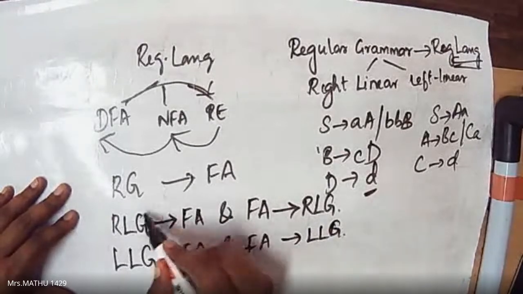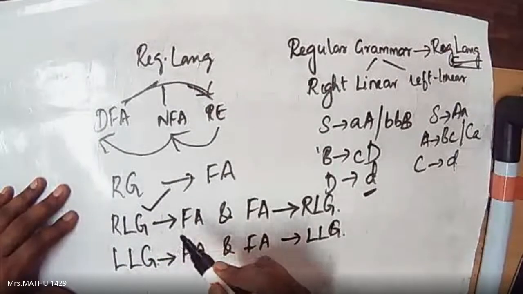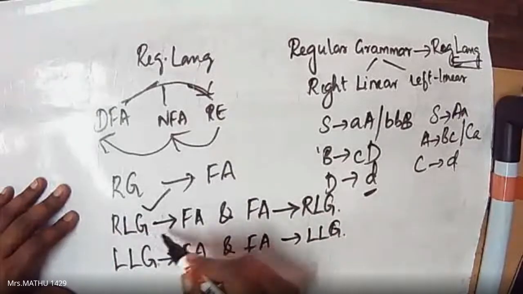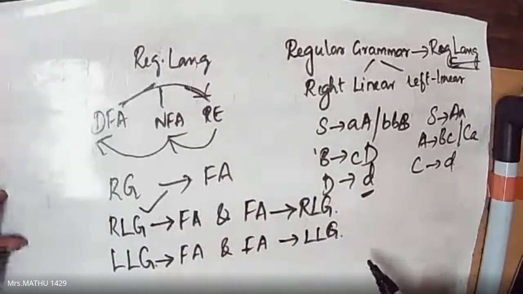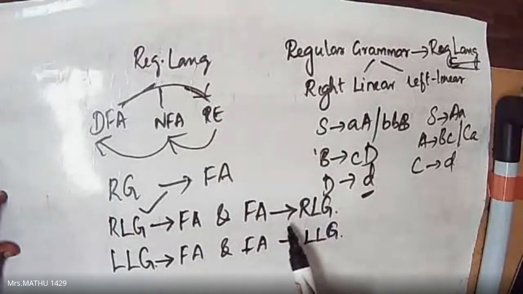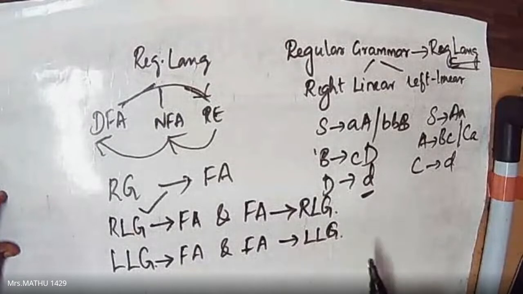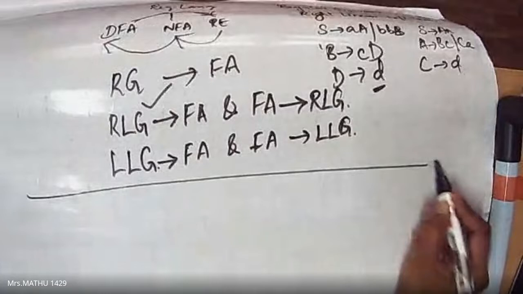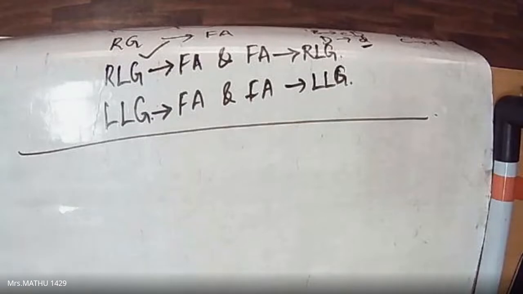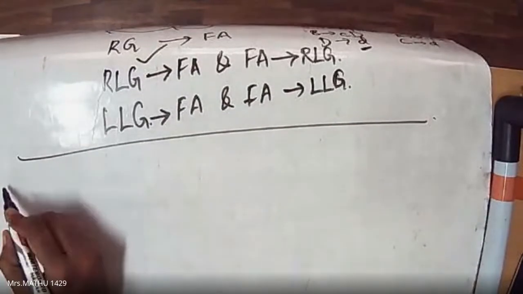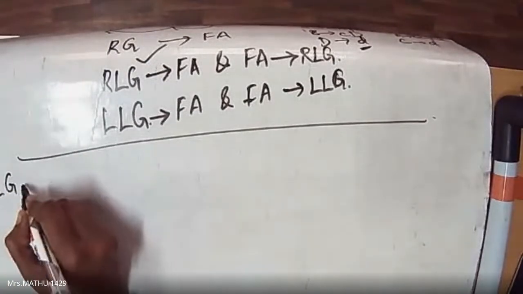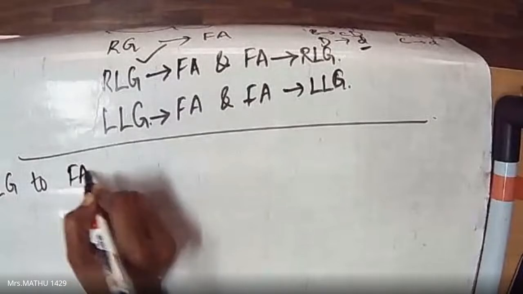Actually, this is the conversion that we saw in the previous class, from right linear grammar to finite automata. But still, I'll give one more example for this, and then we will see how from finite automata you can also convert that to a grammar. So first, let us do the conversion from right linear grammar to finite automata.